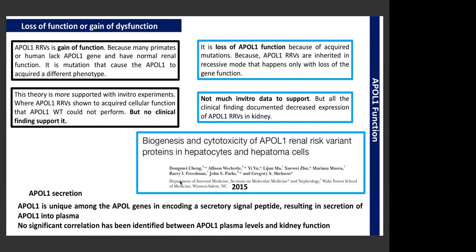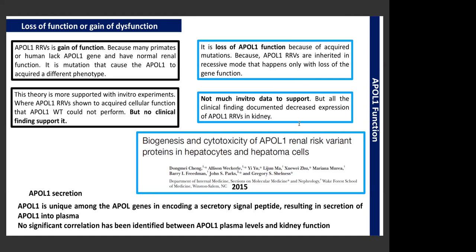Some people believe that this function of APOL1 that is causing the kidney disease is a gain of function. The prediction depends upon the data they have generated through in vitro studies. But another group believes that it is a loss of function, because if we look at human biopsy samples, there is no increase in the expression of APOL1, and if we look at its inheritance, it is inherited in a recessive mode.